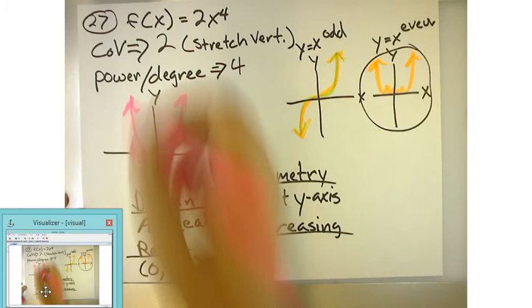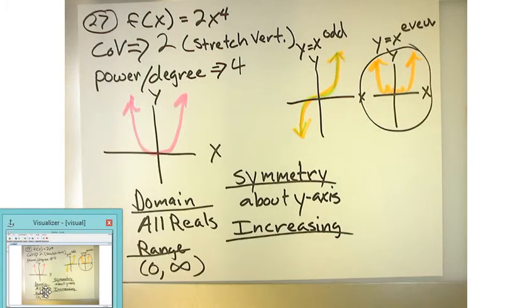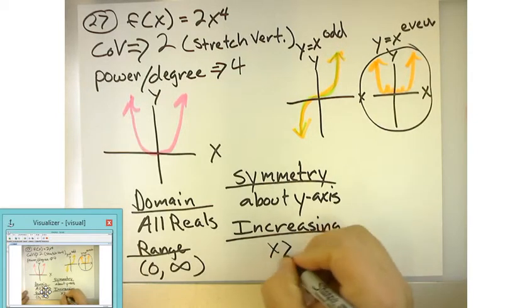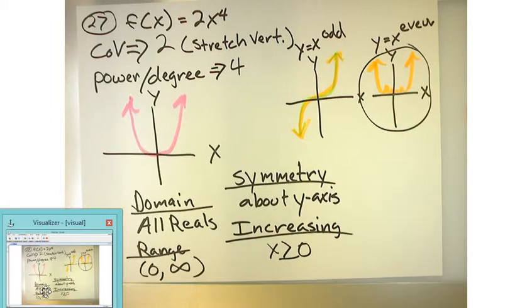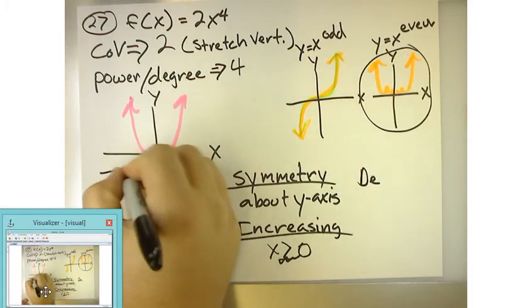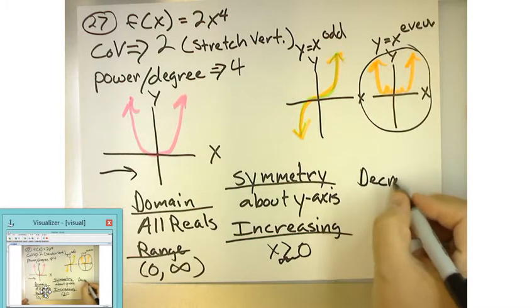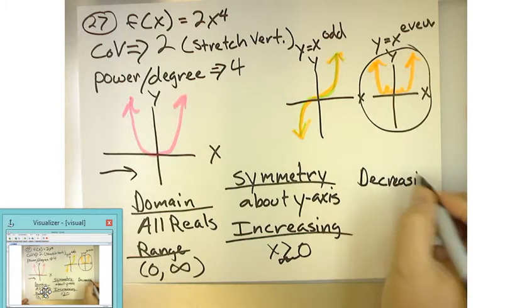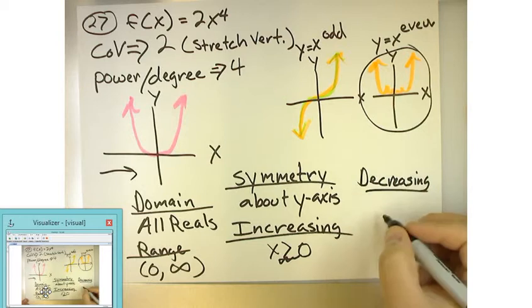So, when x is greater than or equal to 0, right? Or we could just say greater than 0. When is it decreasing? And remember, we got to read this thing left to right. When x is less than 0.